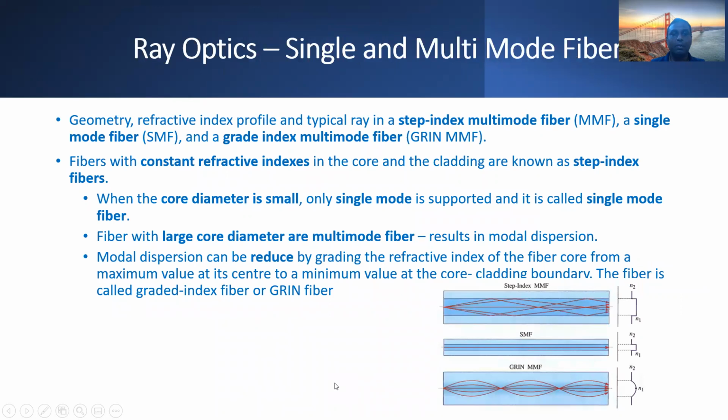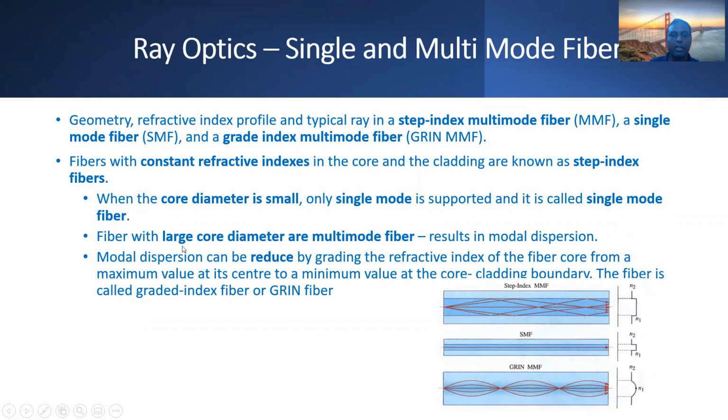Let's look into single and multimode fiber: geometry, refractive index profile, and typical rays in a step index multimode fiber, a single mode fiber, and a graded index multimode fiber. A fiber with a constant refractive index in the core and the cladding is known as a step index fiber. When the core diameter is small, only a single mode is supported, and it is called a single mode fiber.